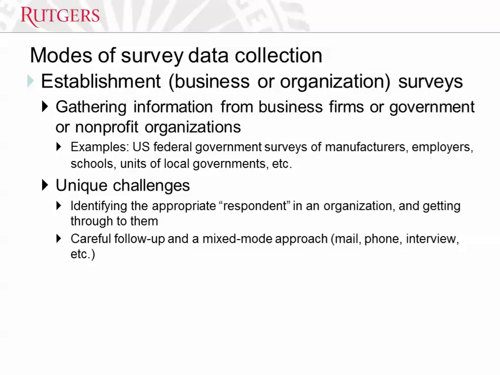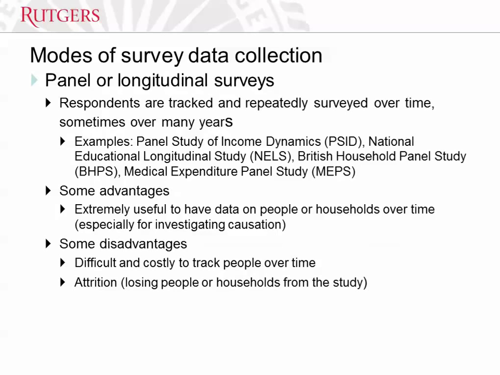And then it takes extra care to follow up and approach these organizations, and often a mix of modes is best. Some combination of mail or phone outreach or even a visit to the organization can be useful to try to get a good response rate.